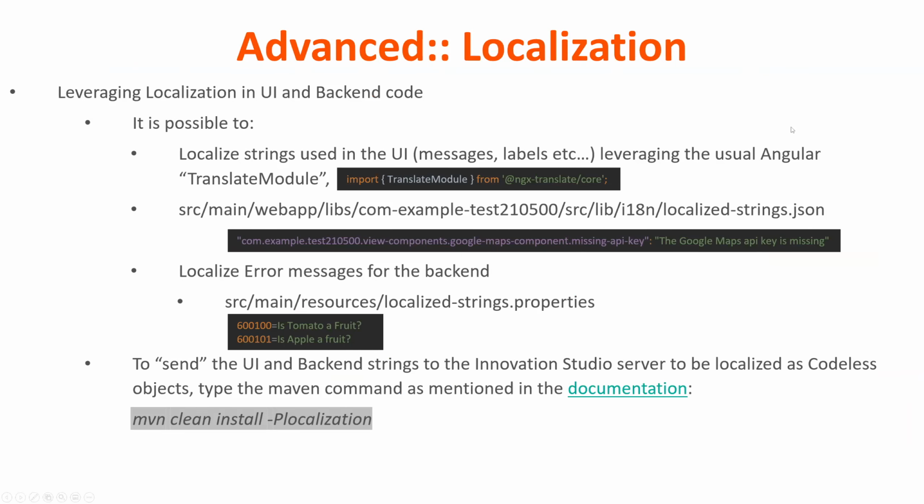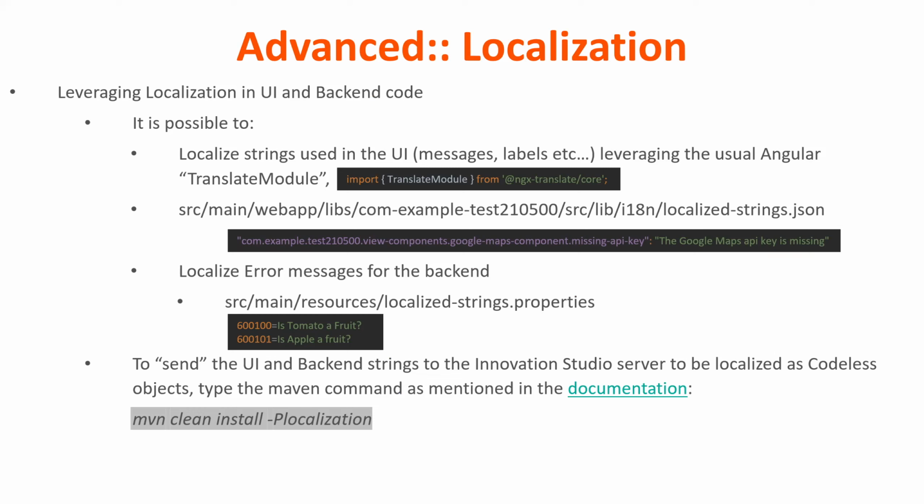Then we provide localization as well, so you can localize your UI. Let's say that you have to support English and French. At runtime, instead of having one specific message in your view or view component, like "the Google API key is missing", you can declare a string, export this string, translate it into French, and put it inside your application.